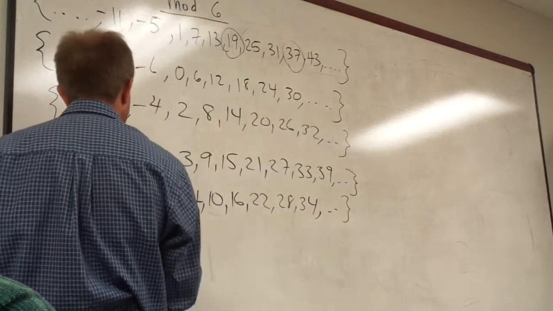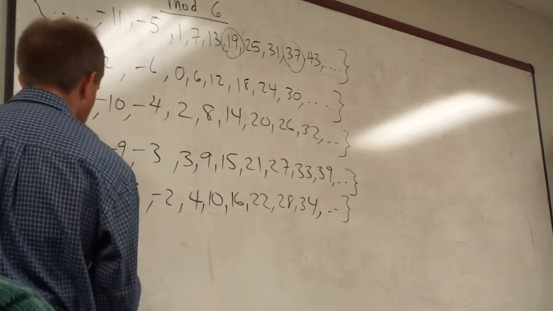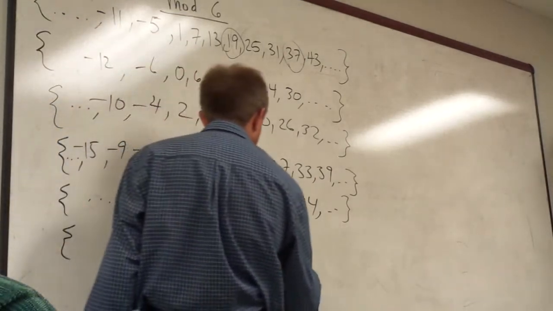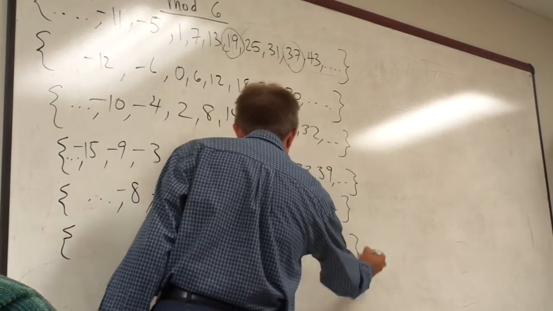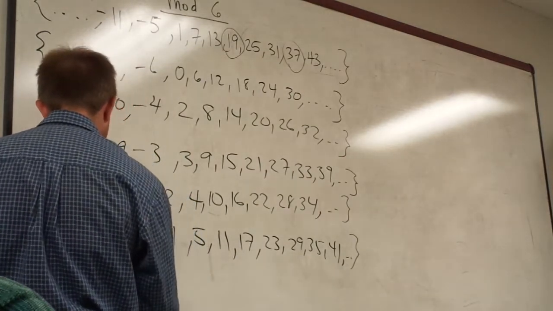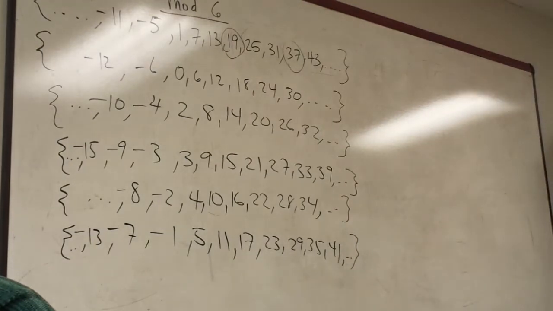I'm actually going to write them all out. And then the last one has 5 in it, 11, 17, 23, 29, 35, 41, and so on. And -1, -7, and so on. Okay, so every single integer is in one of those 6 places.